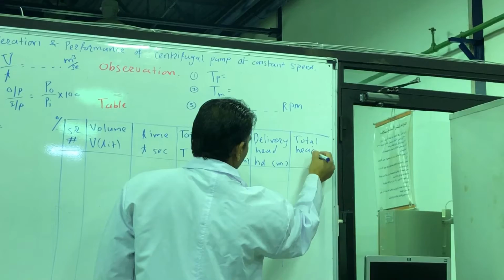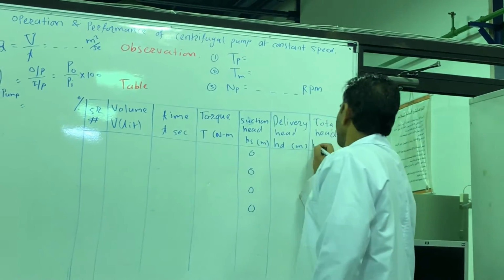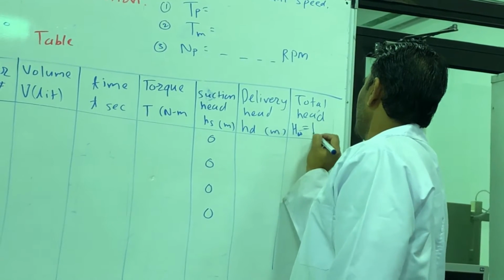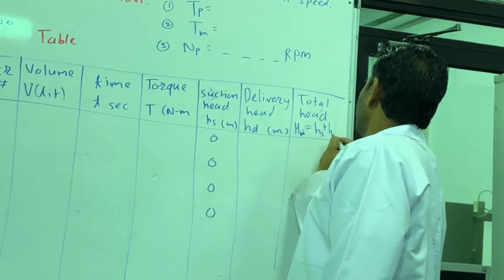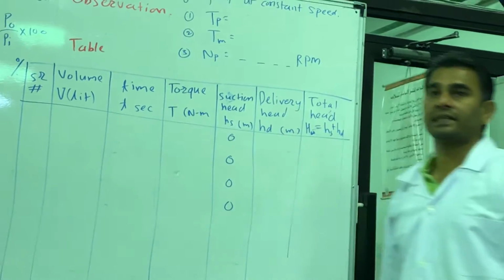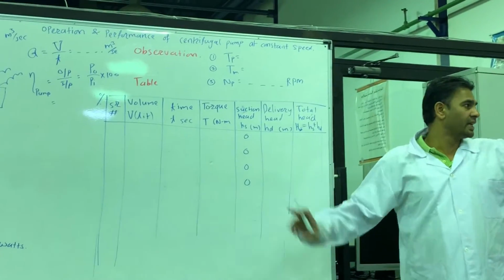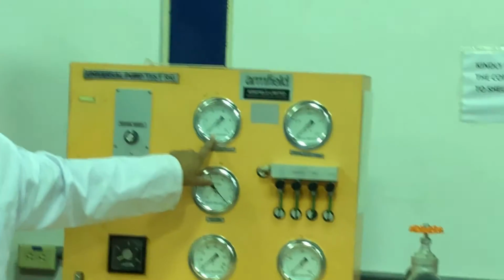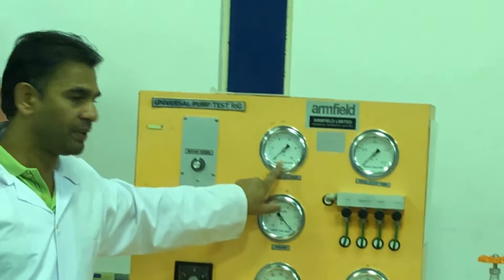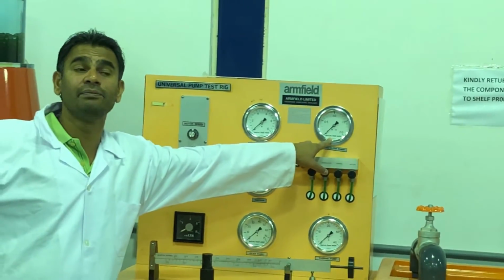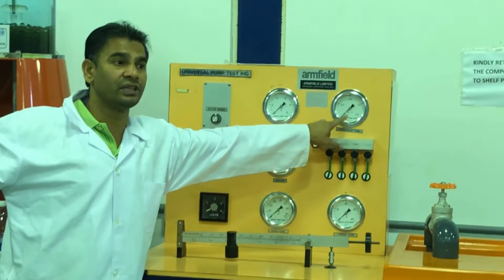Total head H is equal to HW, which is HS plus HD. So this we need to measure. There is a pressure gauge here. It is showing in meters of water, the reading unit is directly in meters of water, so it is called head.